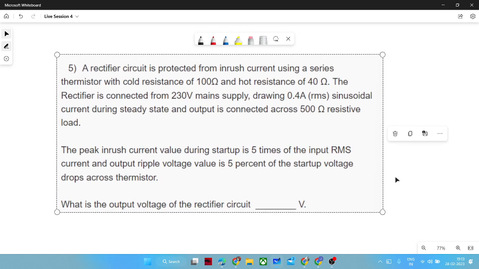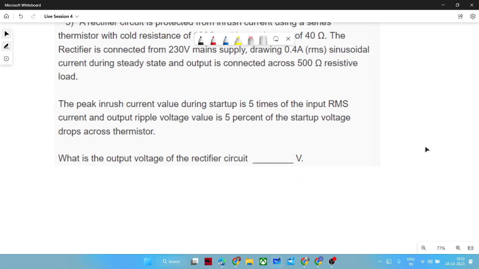So, using a series thermistor, the current value during the startup is 5 times the input RMS current. And the output ripple voltage value is 5% of the startup voltage drop across the thermistor. So what does it mean?